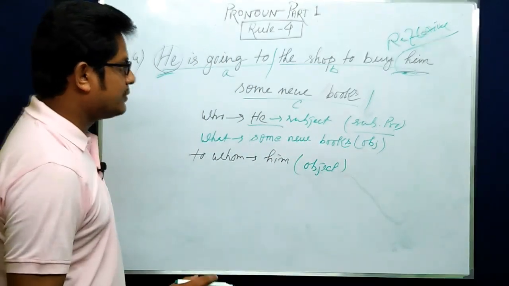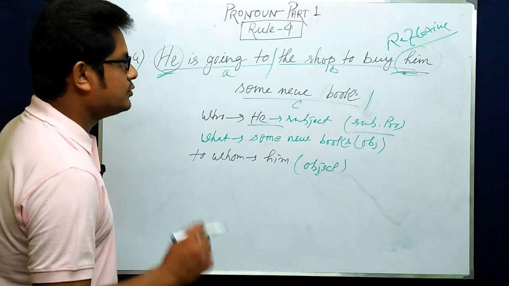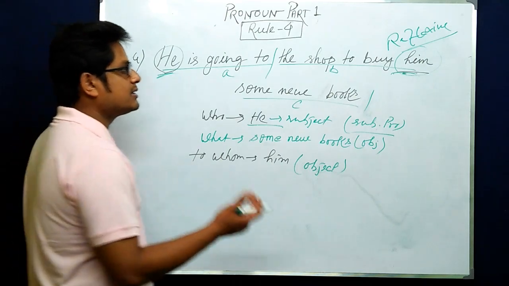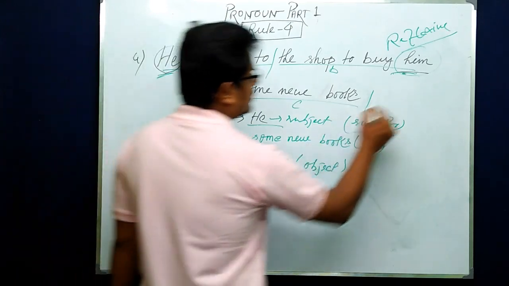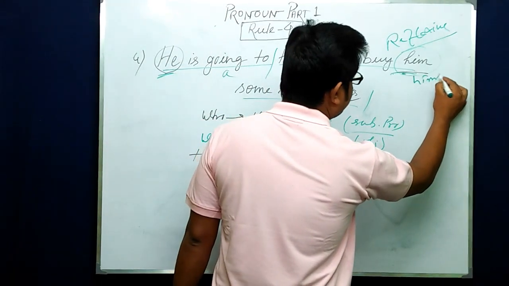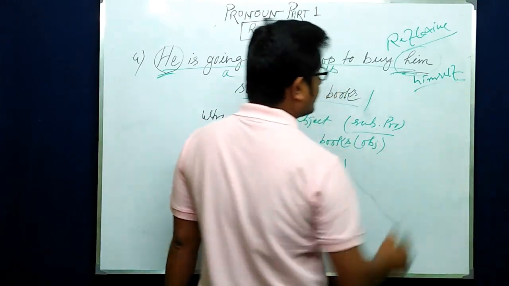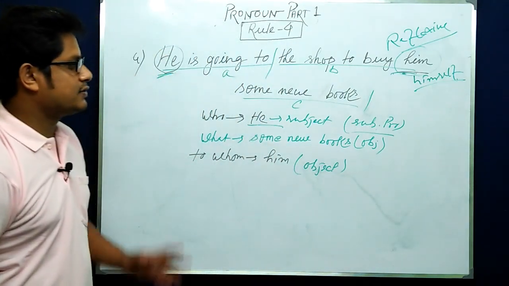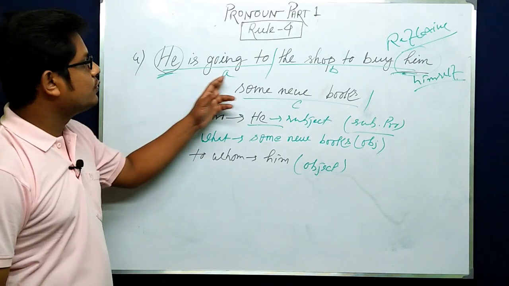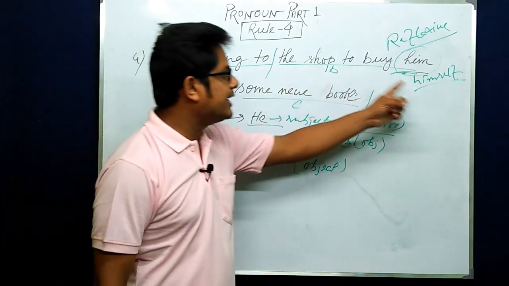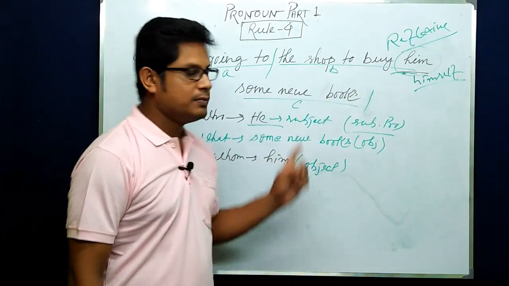So him should not be used over here. And what is the reflexive pronoun of he? Reflexive pronoun is himself. So use himself in place of him. The correct sentence should be, he is going to the shop to buy himself some new books.